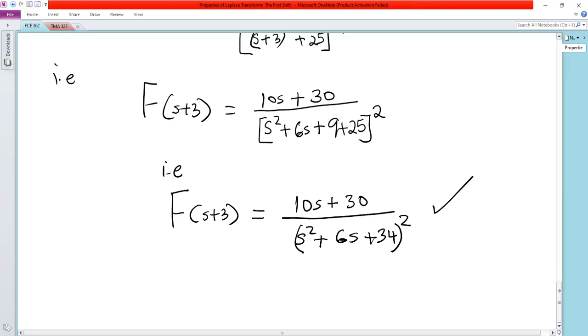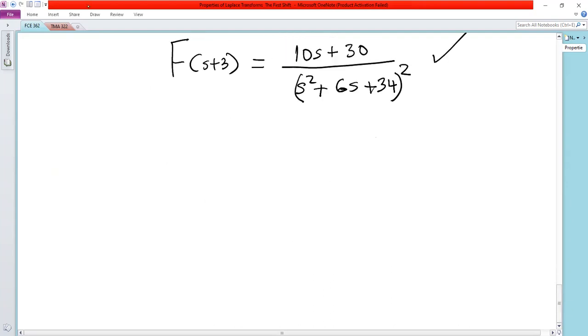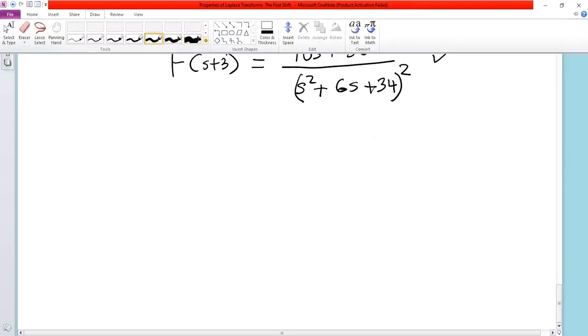Last problem on application of first shift property. Example 2.